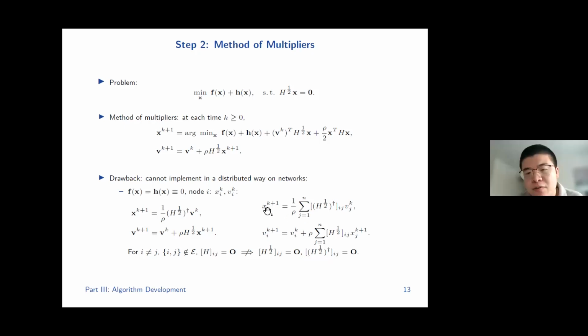So we can see from these updates that the calculation of xi^(k+1) and the calculation of vi^(k+1) will require vj^k and xj^k, even if i does not equal j and i and j are not neighbors, because this part is not sparse.